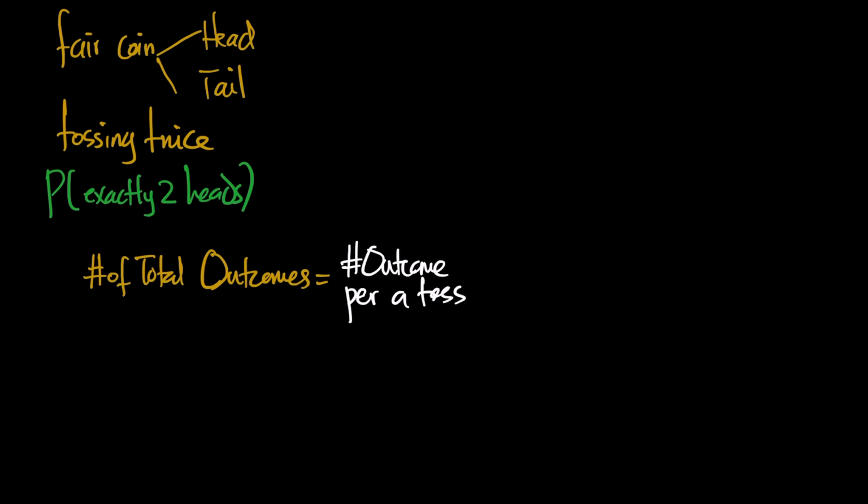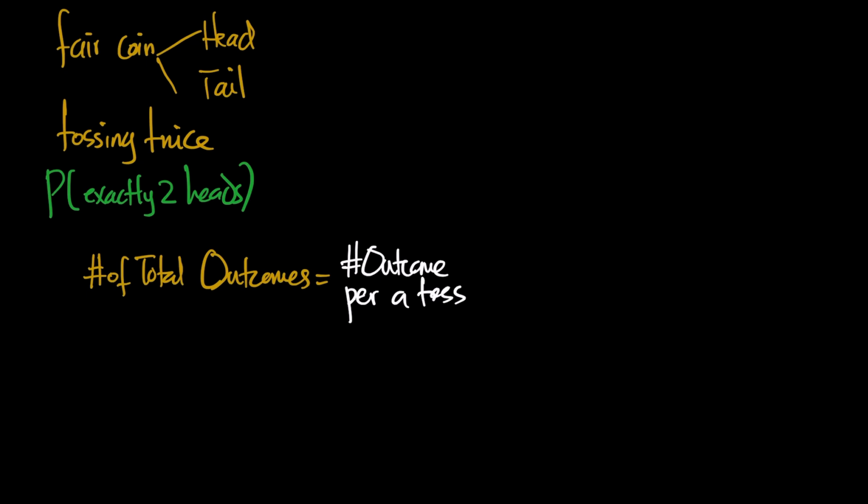When we toss it only once, what is the possible outcome that we're going to get? It's only two outcomes. It cannot be three, it cannot be four, it cannot be five. Those two outcomes could be a head or a tail.